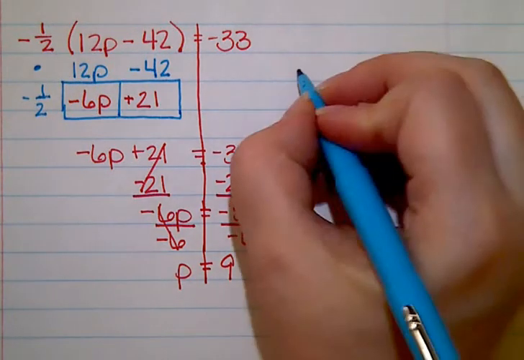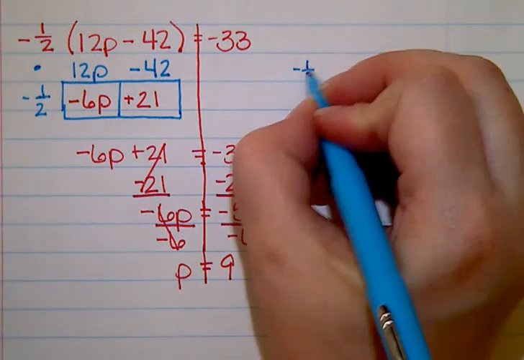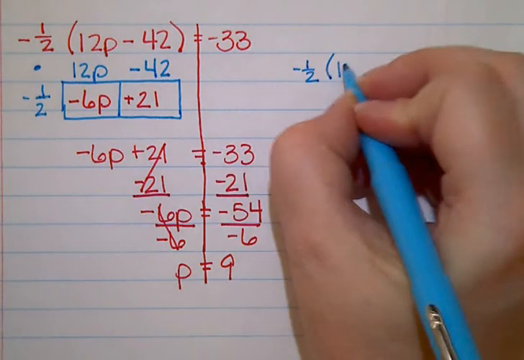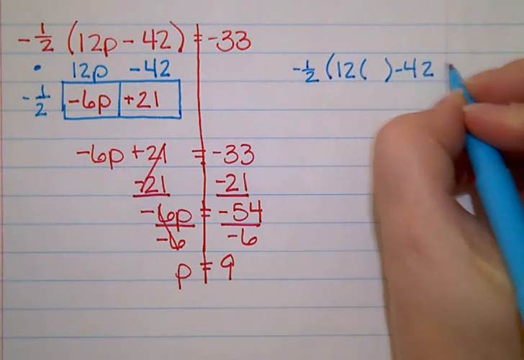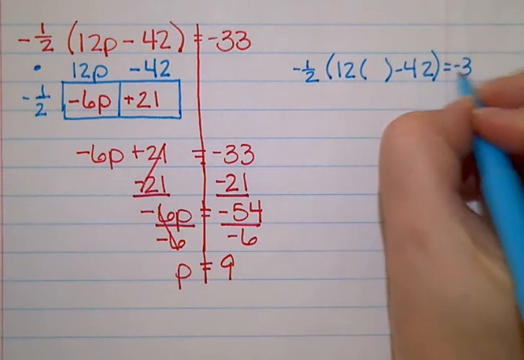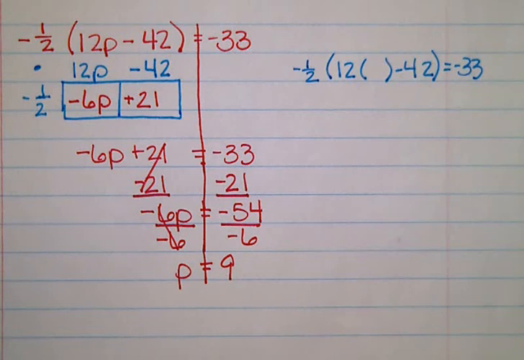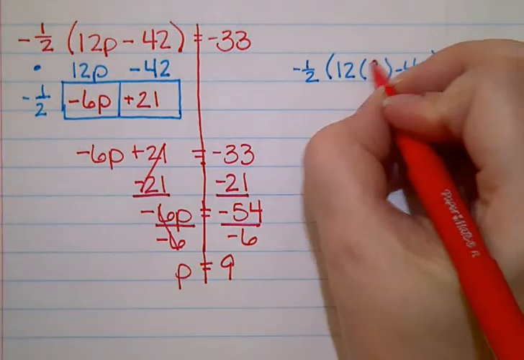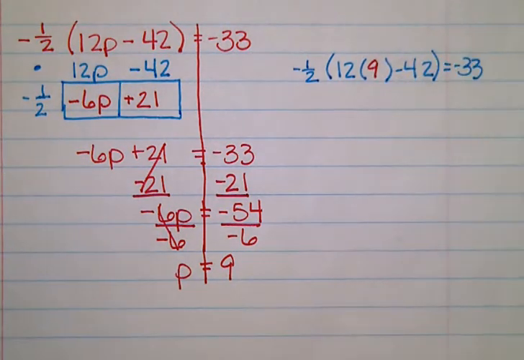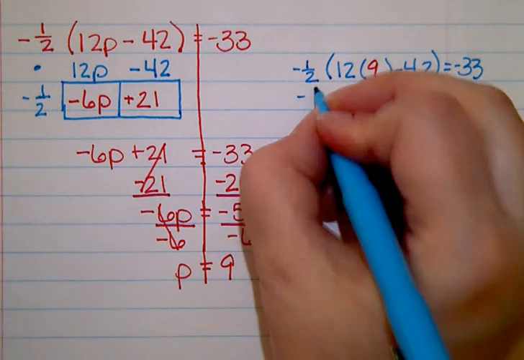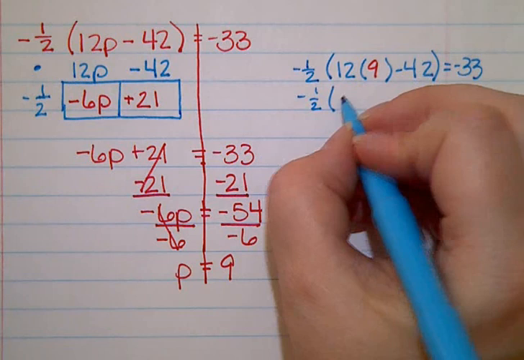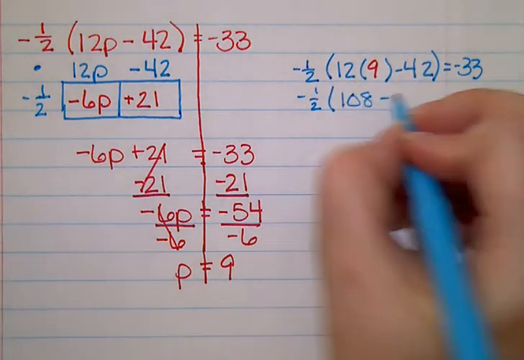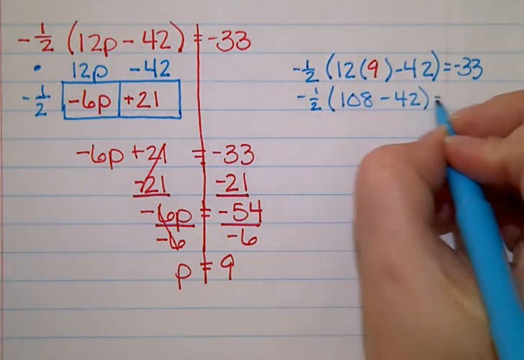So I have negative 1/2 times 12 times something minus 42 equals negative 33. And I think that something is a 9. So I have a negative 1/2 times 108 minus 42 equals negative 33.